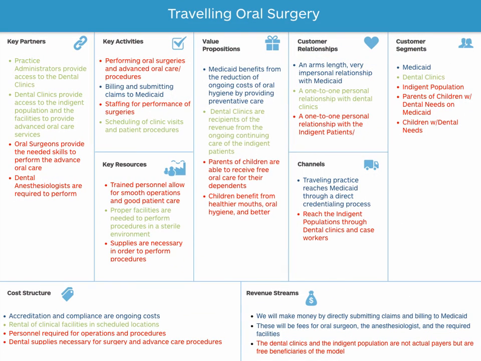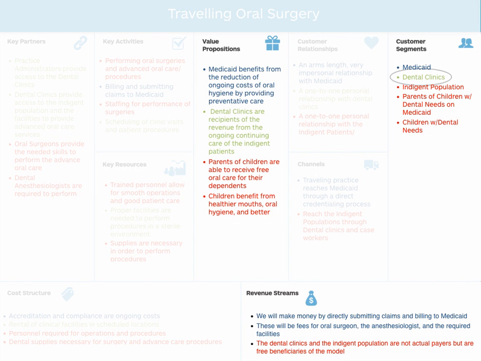So now if we look at this specific canvas a little bit closer, we're going to see that our friend Ivan here, he's got a customer segment, dental clinics in this case, and he's got a corresponding value proposition. But what we don't see is a corresponding revenue stream for that value proposition.